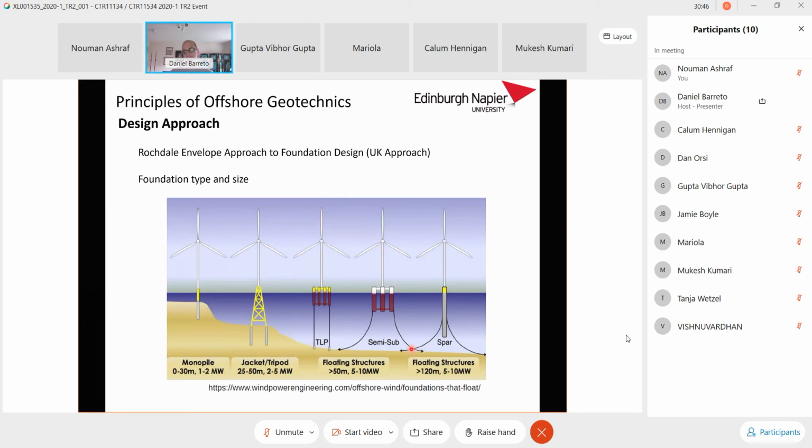But what this image also shows you is that for at least 50% of these structural types, we use pile design. And the key here is that these piles are not the same as the ones that you are used to in an onshore development. In an onshore development, if you are involved in something really big, you may have piles of maybe 1 meter diameter and up to 30 meters depth.